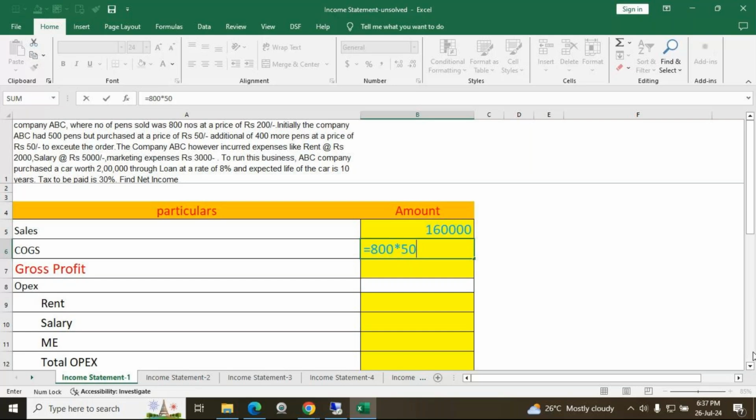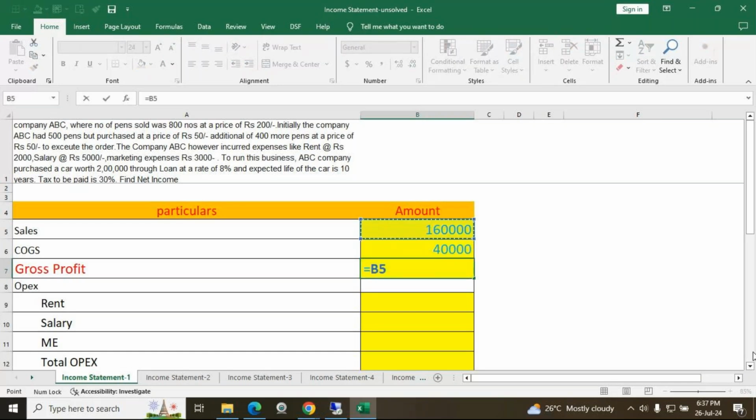Cost of goods sold is the cost of the goods that are sold. So 800 pens I have sold, and the cost I incurred to buy them is 50 rupees per pen, so in total it is 40,000 rupees. Okay, now gross profit: sales minus COGS. Very good.